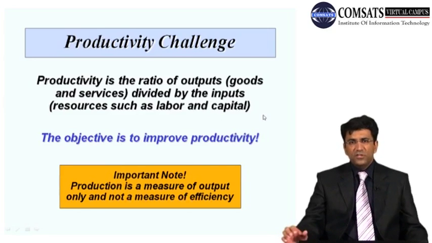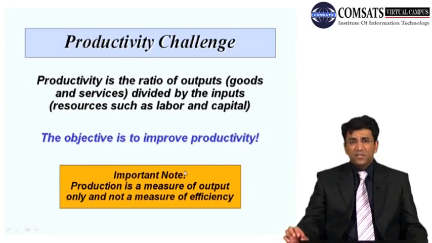So this is the relation with productivity: if someone is efficient but not effective, he will not be productive. If someone is effective but not efficient, he will not be productive. He will be productive if and only if he is efficient as well as effective.